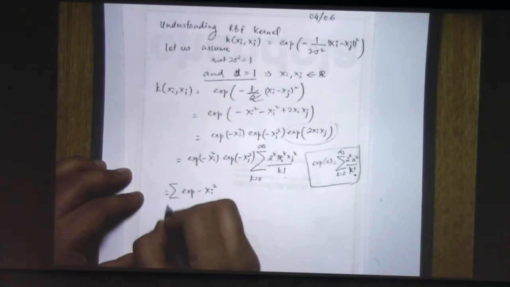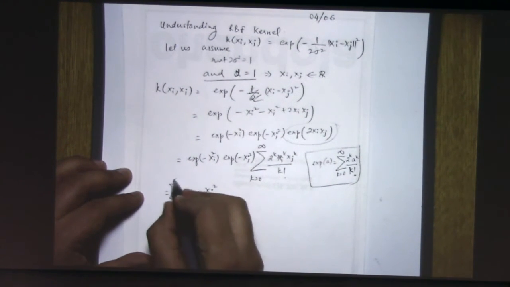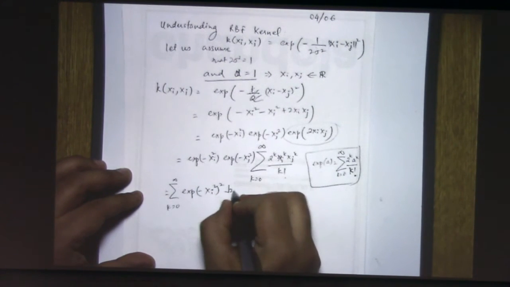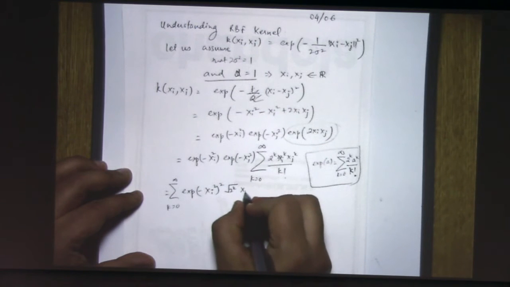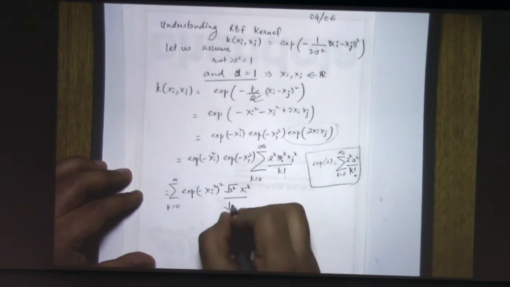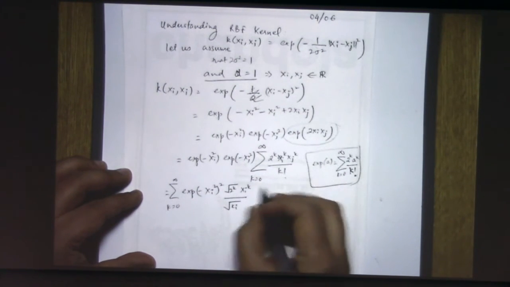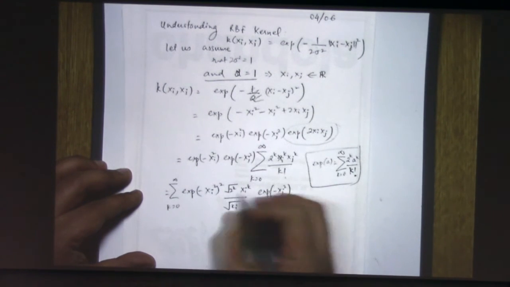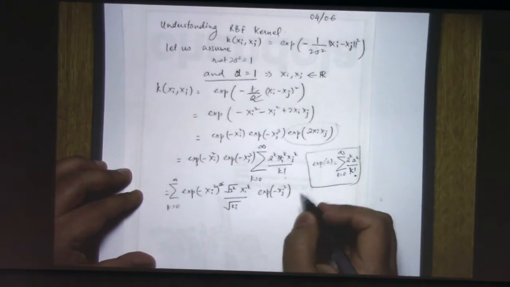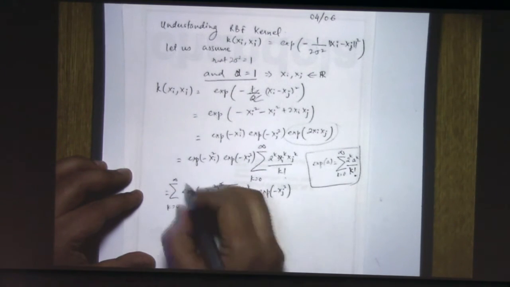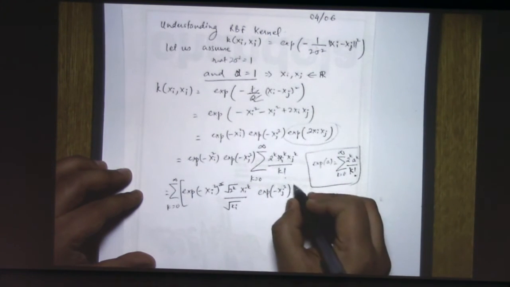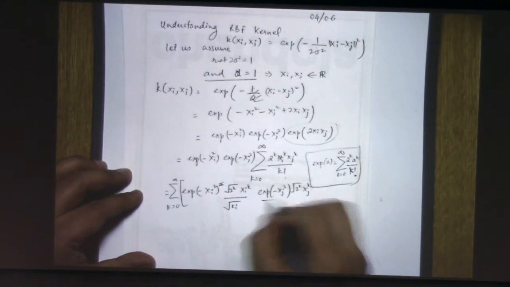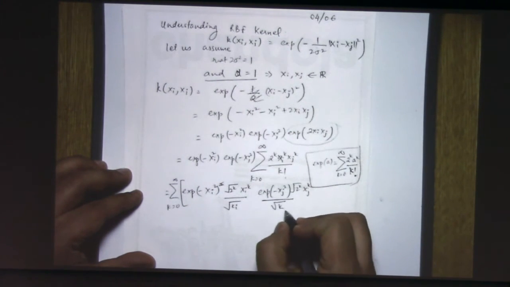So summation k equal to 0 to infinity of exp minus xi square times root 2^k xi^k divided by root k factorial, and exp minus xj square times root 2^k xj^k over root k factorial.